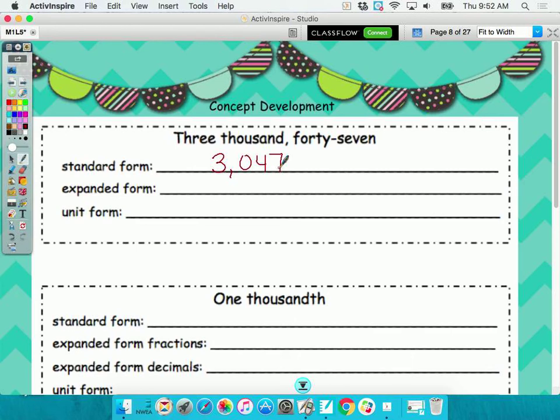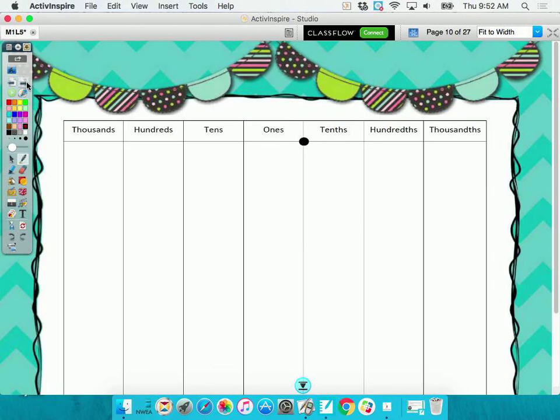Okay, and if I put 3,047 on a place value chart, using place value discs, which you're welcome for not making you write this, but I need you to focus. How many in the thousands place? 3. How many in the tens? 4. How many in the ones? 7.